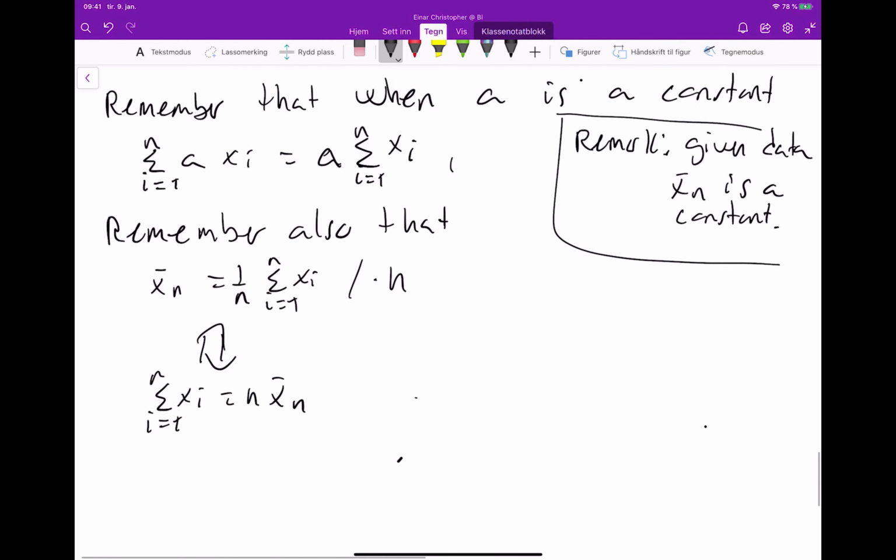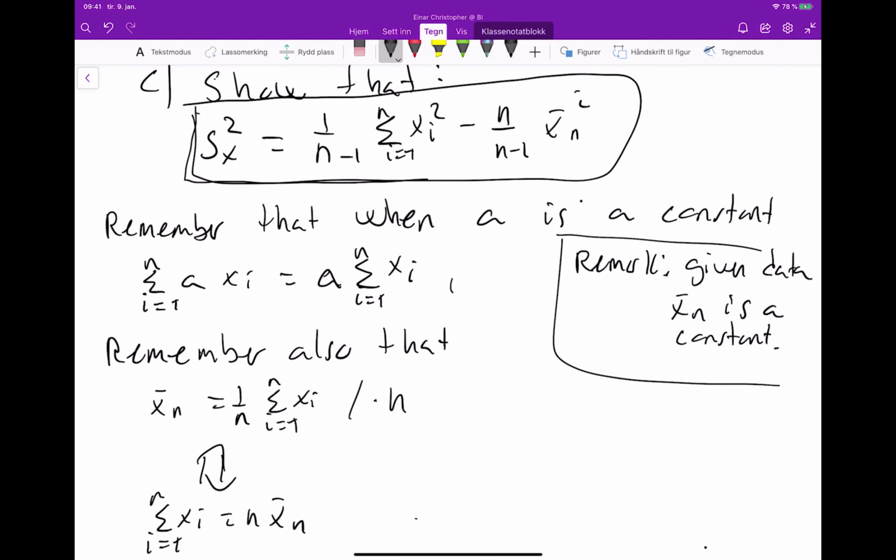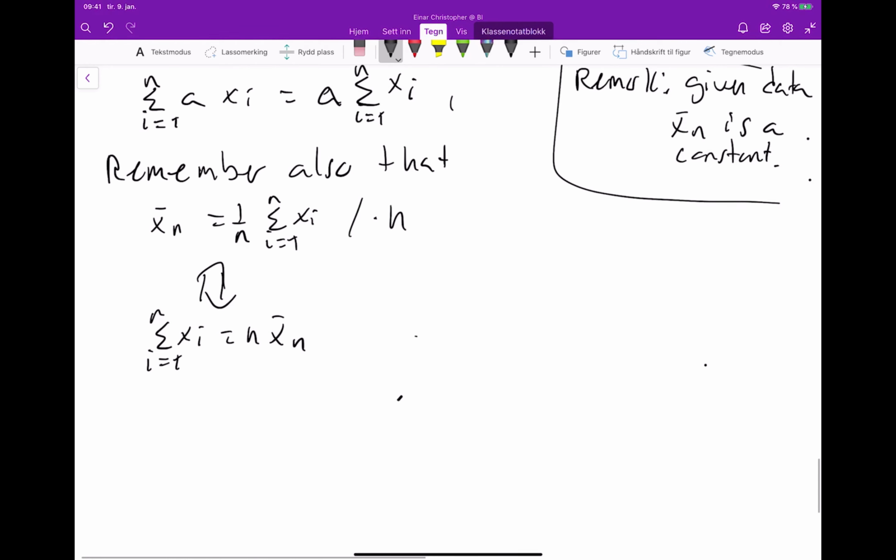Okay, so how are we going to show this expression? Because we actually don't know this from before, but what we know is this.